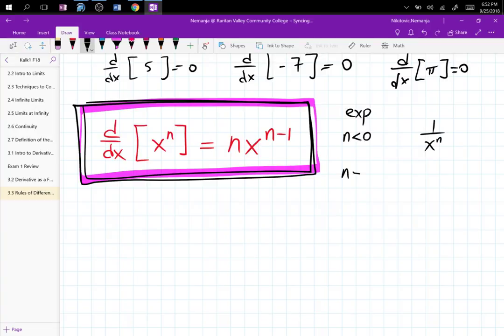If the exponent is positive, we just have x to the n. That's the polynomials. And if n is equal to a over b, you have the b-th root of x to the a. This covers all of the roots. It covers rational functions and polynomial functions. So this one rule covers a lot.